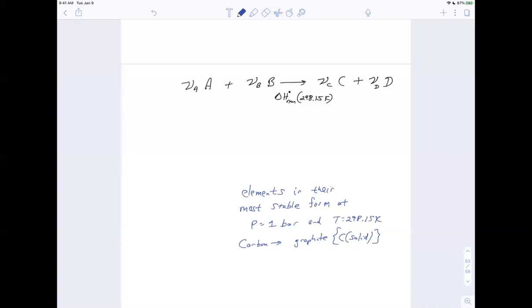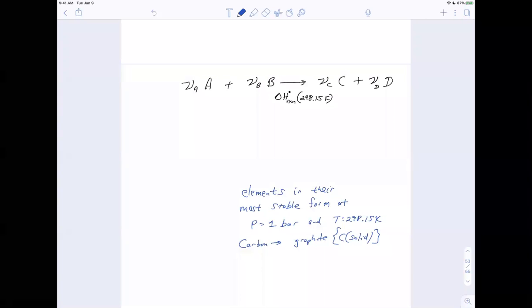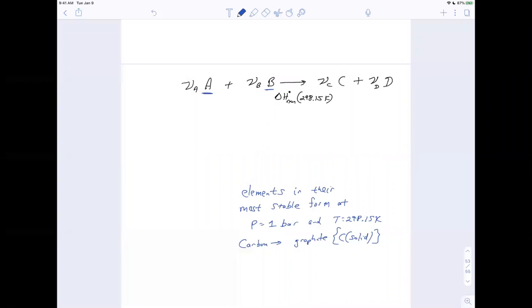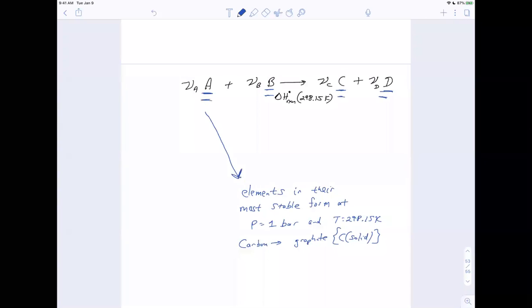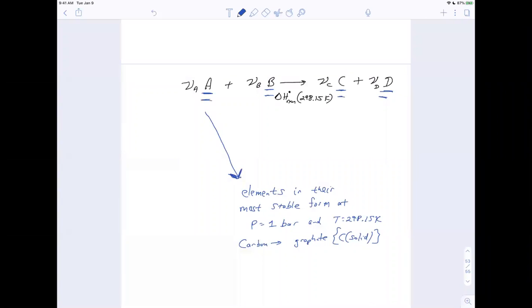So now what we're going to do is decompose A, B, C, and D, these species of interest, into their elemental forms, or these most stable forms. The way we do that is you draw an arrow. So we'll take A and decompose it into the elemental forms that it is comprised of.